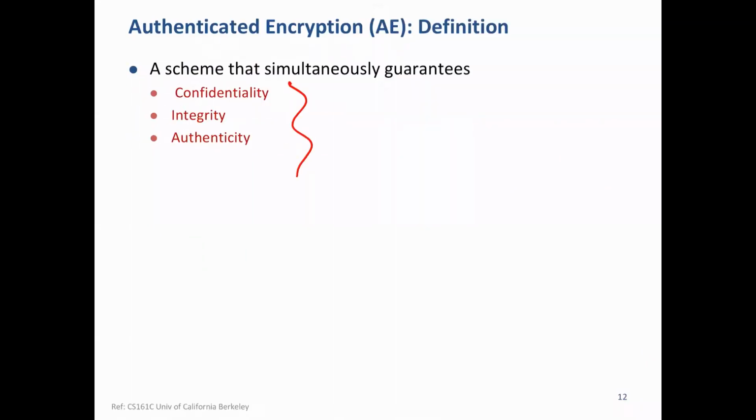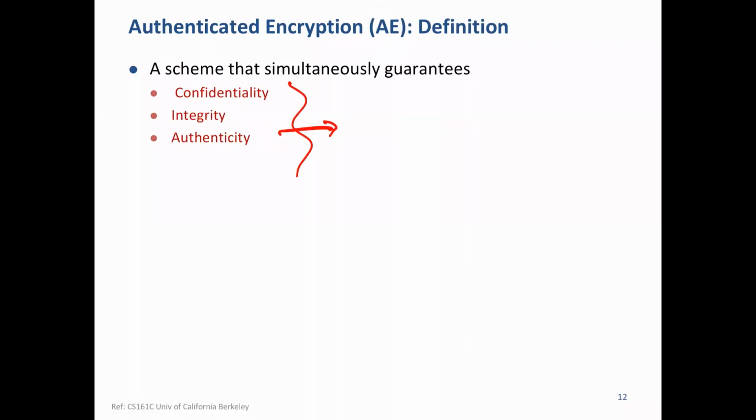Now, not necessarily will all these properties be achieved under all cases, all test cases or all use cases. Sometimes there are limitations. So we cannot say that for all kinds of attacks this scheme will provide confidentiality and authenticity everywhere.